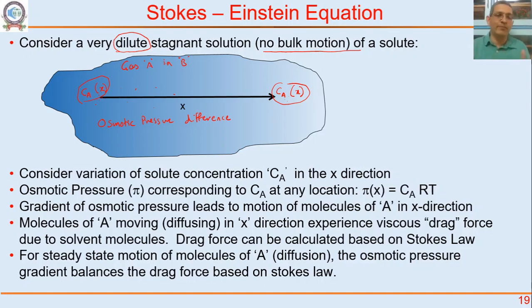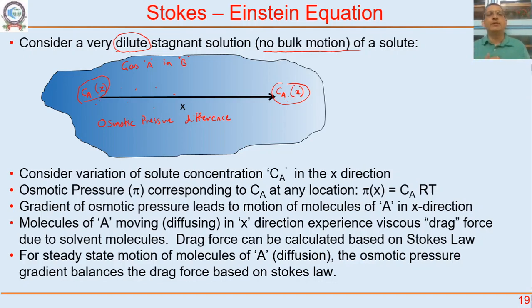Osmosis is the process by which water will go from the 2% solution to the 7% solution, because that osmotic pressure is larger, and therefore the water molecules will diffuse and dilute that 7% solution. And reverse osmosis is the process by which you can reverse this process.